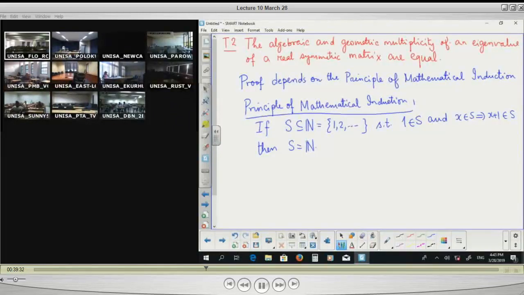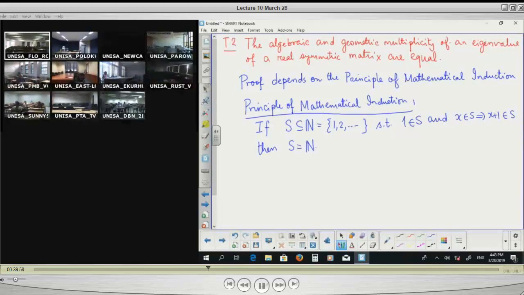So the principle of mathematical induction actually relieves you by giving you this proof. The idea is very simple. Show that 1 is there. Okay? Assume that every real symmetric matrix of order n works, so n is in that set. Okay? And prove it for n plus 1.